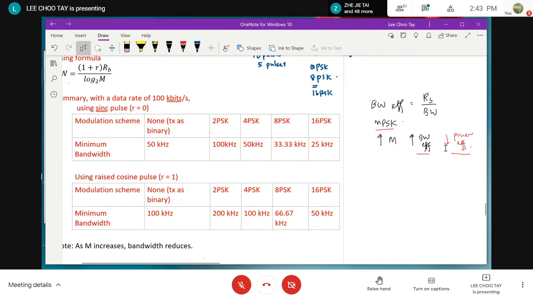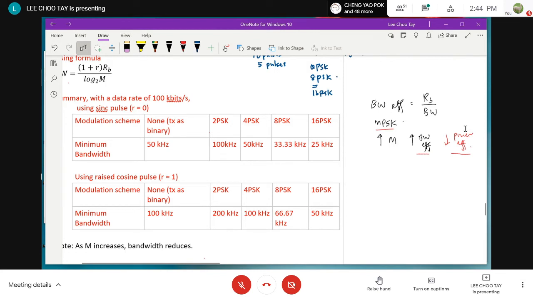But again, if you compare with the probability of error curve for these few M levels for PSK, you see that in order to maintain the same probability of error, you have to increase the power as you increase your M. We discussed this during lecture, so you might want to refer back again.